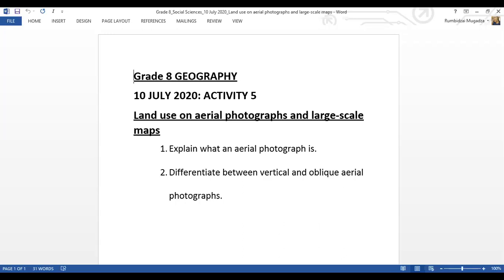In the exam, that question always comes. But first, you have to understand what an aerial photograph is so that you'll be able to differentiate between the vertical and oblique aerial photographs. So those two questions are part of your homework. I'm giving you a few minutes to copy it down or take a screenshot.